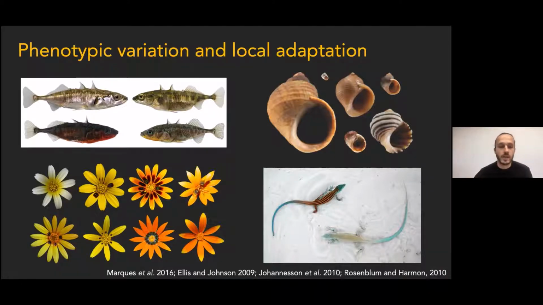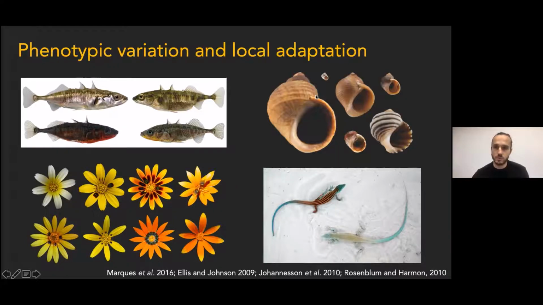But also it can provide us information about the genetic patterns that control this variation, and if we understand what the genes that control this variation are, we can also know something else about the way these genes work, what their function is, and how this function is modulated in natural populations.